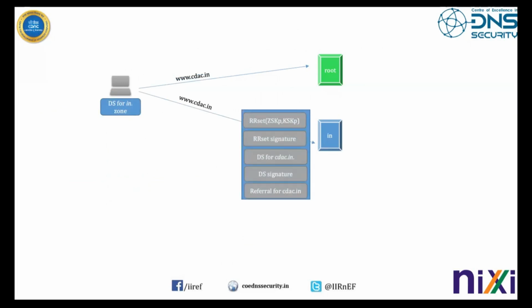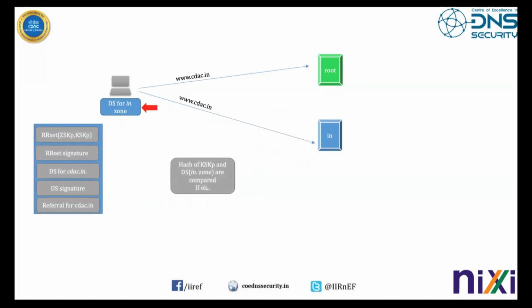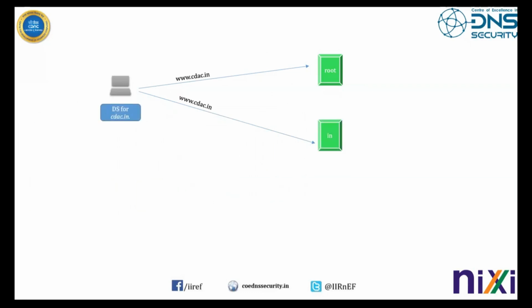.in will again return the same set of values: RR set signature, DS record, DS signature, and referral for the next domain, C-DAC.in. Again, the verification will be done, and after verification is completed, it will connect to the C-DAC.in name server.